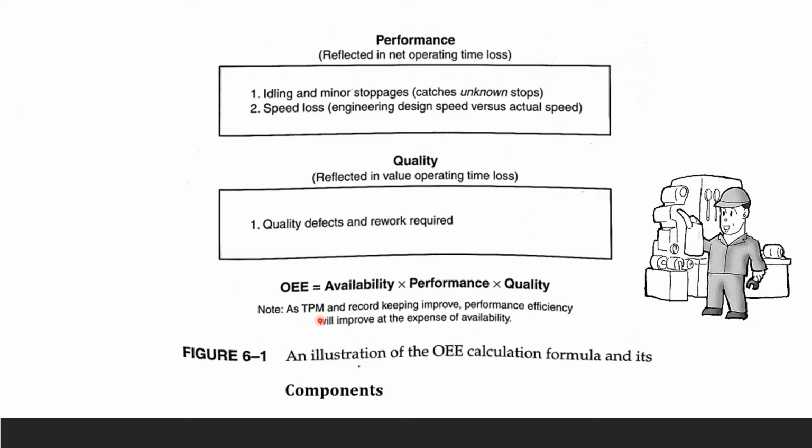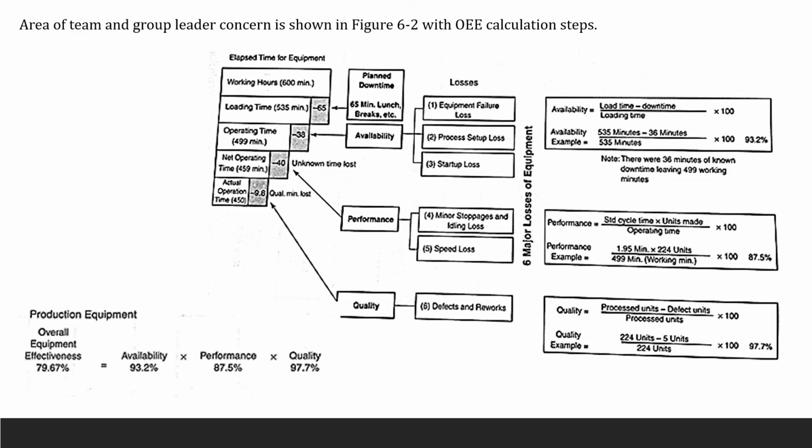This is just a little note telling you that with TPM and record keeping, if they improve, performance efficiency is going to improve, but at the expense of availability. This shows the area of team and group leader concern for the OEE calculation steps.